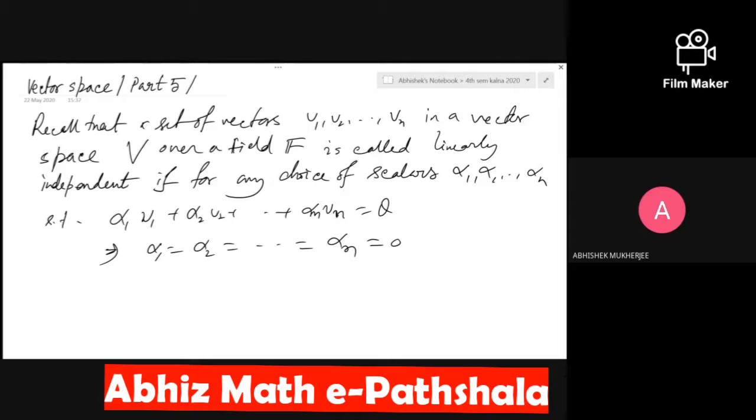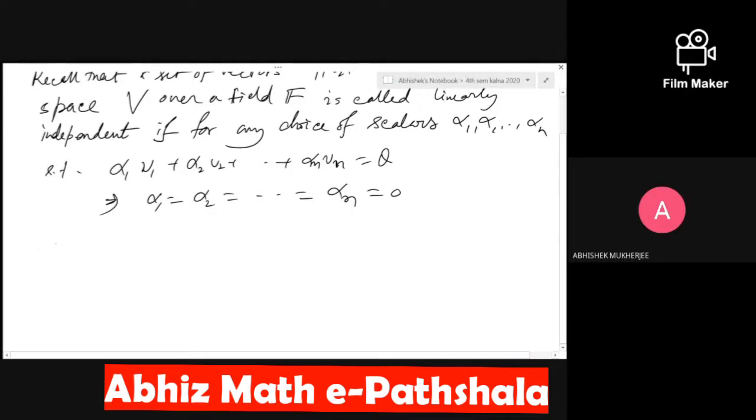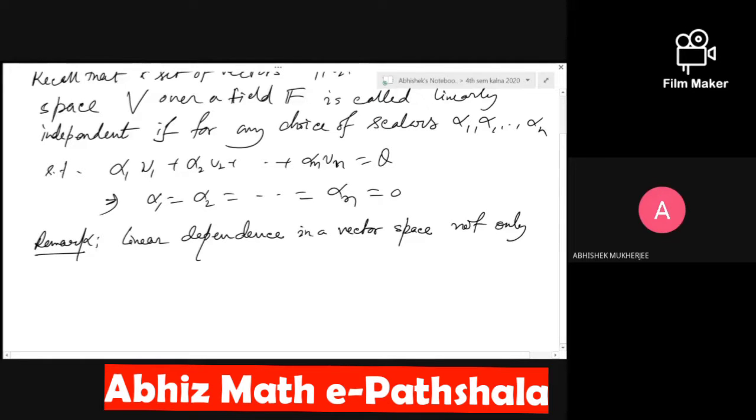Now it should be remarked that linear dependence in a vector space not only depends on the vectors, but also depends on the field.